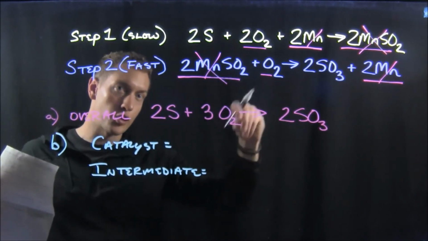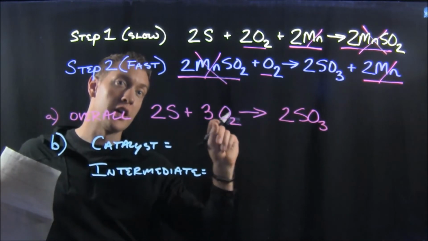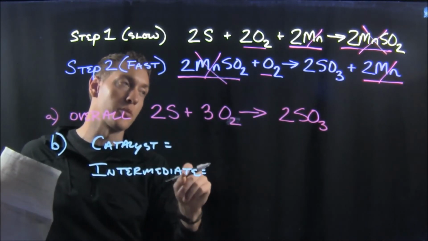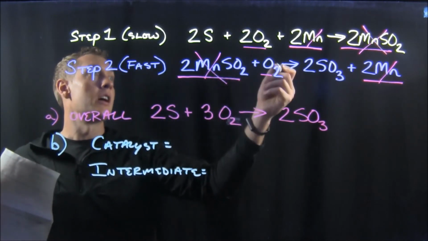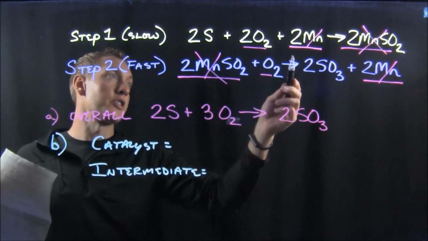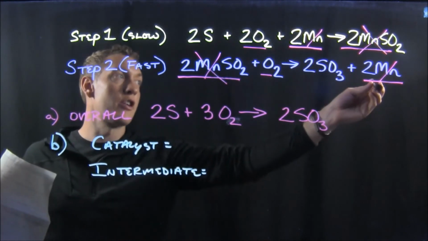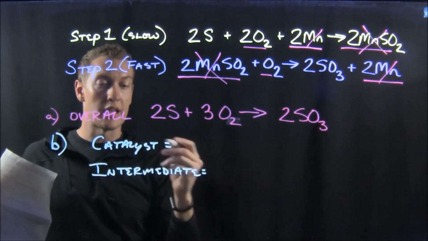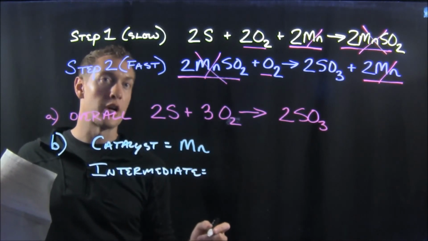You get them out of a jar, you put them in, but they are regenerated later in the reaction, and so they are not consumed during the process. They're involved, but then they are regenerated. So between the things that we canceled out, manganese, it's there at the very beginning, it's there at the very end, and so I would say that manganese is a catalyst in this process.